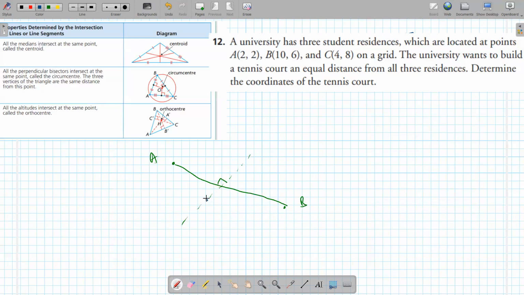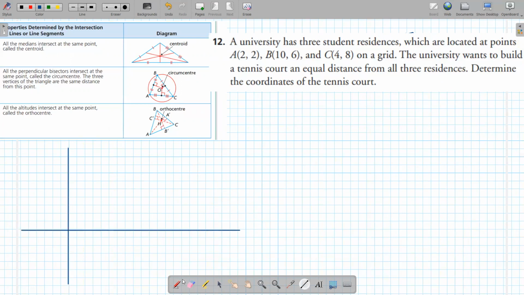Any point on this perpendicular line, if you only have 2 points, this has nothing to do with a triangle, but if you have 2 points, you see if it's perpendicular, this point is equidistant, this point is equidistant, and any point on this line is equidistant between A and B. So whenever they talk about equidistant, something should ring a bell. They're asking you for perpendicular, okay? Equidistant automatically means perpendicular. So in this case, we're looking at the perpendicular bisectors, which is the circumcenter where they intersect.